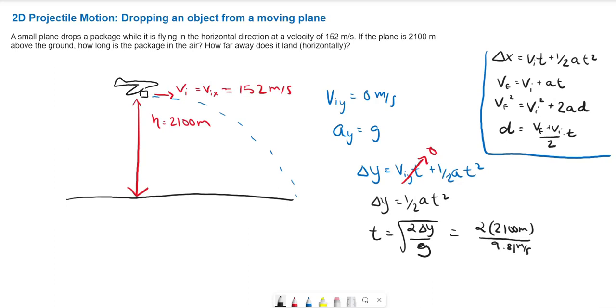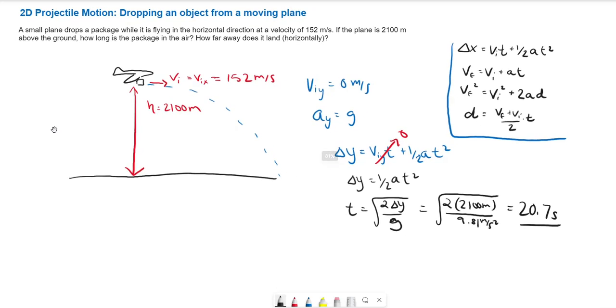And we just have 2 times 2,100 over 9.81 meters per second squared, and we take the square root. This is going to give us a time of 20.7 seconds. So that's how long it takes for the box to fall and hit the ground.